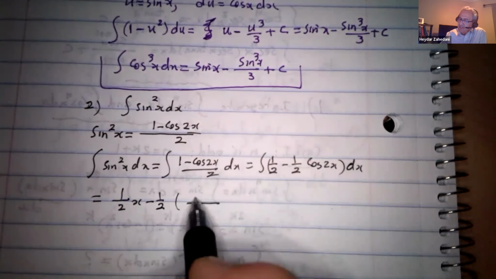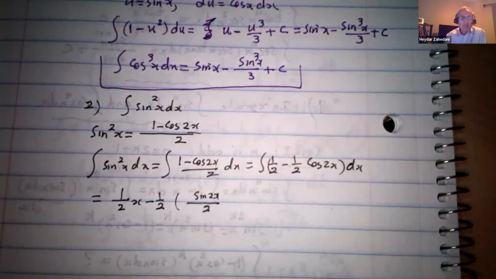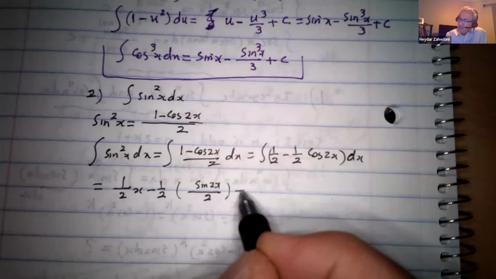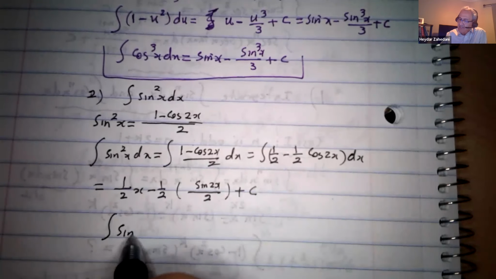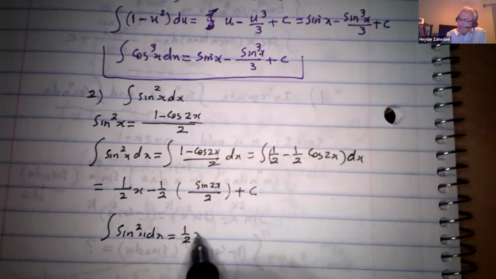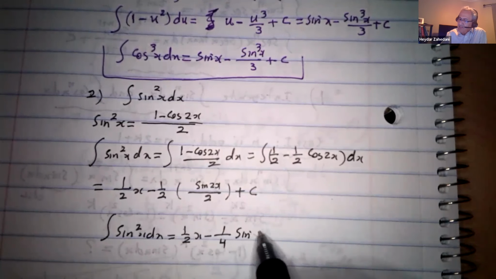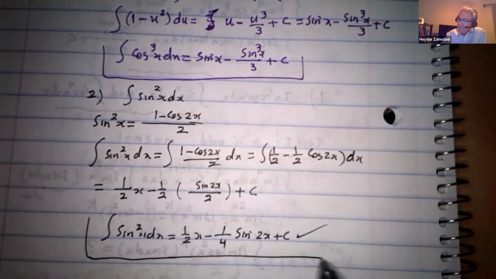So this is going to be sine of 2x, but you have to divide it by 2. Remember, u prime. Plus the constant. So the final answer, the integral of sine squared of x, is equal to 1/2 x minus 1/4 of the sine of 2x plus c, and then you're done.